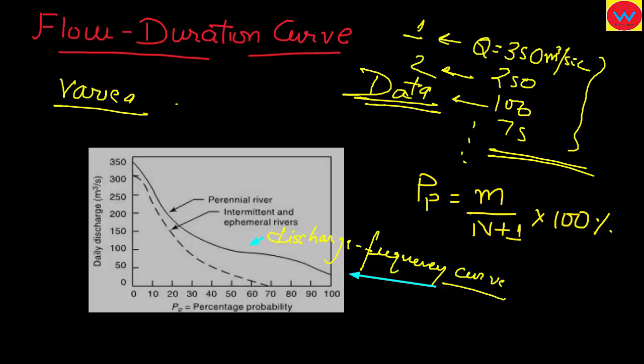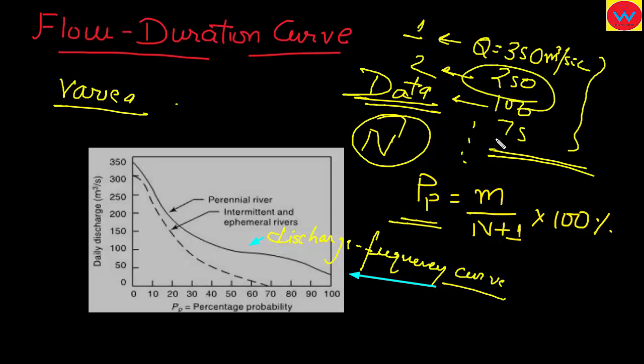And then the total number of data sets is n. So if the total number of data sets is n, then the percentage probability of the flow magnitude being equaled or exceeded is m over n plus 1, into 100. For suppose for 250 we have to calculate, then we will put the value of m, the order of that magnitude from the list that we have generated earlier, and n is our total number of data sets.